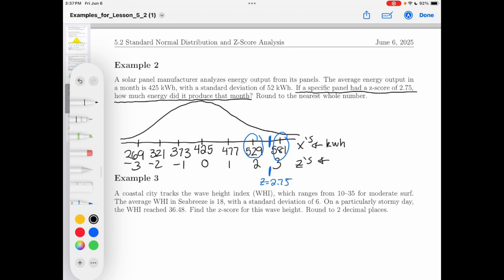We have z is equal to x minus mu over the standard deviation. When we're looking for the x value, we can rearrange that equation and write it like this. I'm going to use this version since we're looking for x.